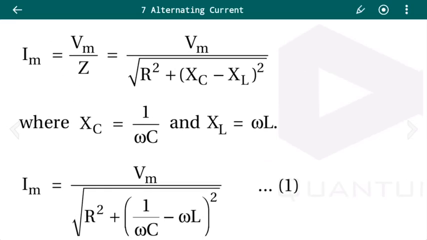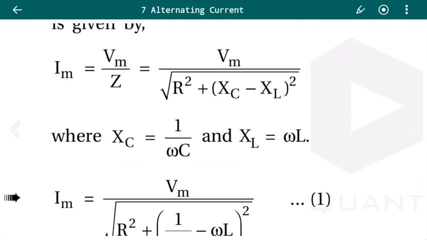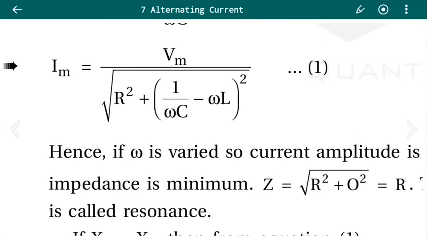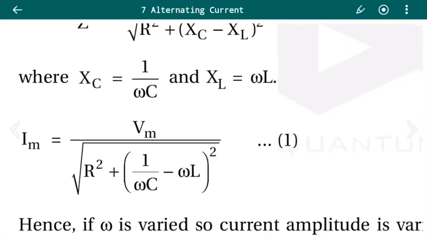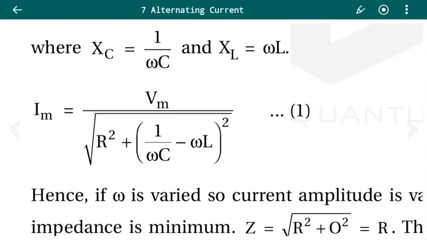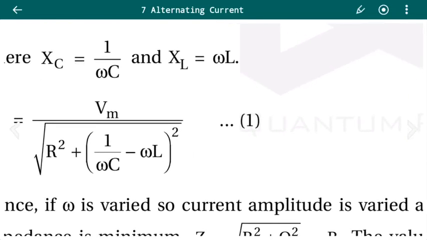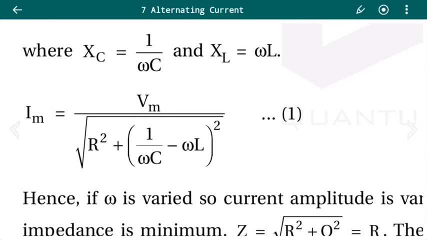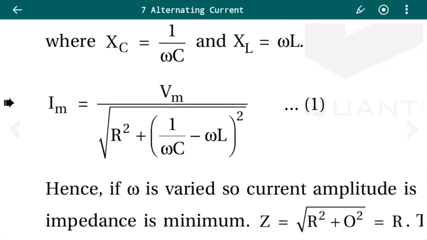Here Xc is the capacitive reactance, which is equal to 1 upon omega C, and XL is the inductive reactance, which is equal to omega L. So substituting the formula of Xc and XL in the above equation, we get Im equals Vm upon under root R square plus, instead of Xc we write 1 upon omega C, minus, instead of XL we write omega L, whole square.